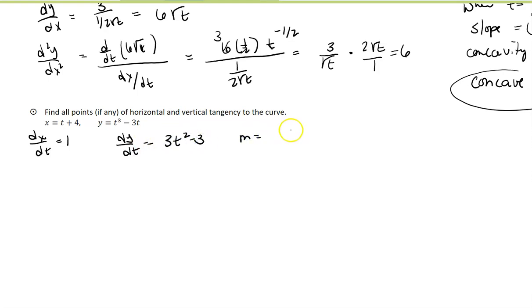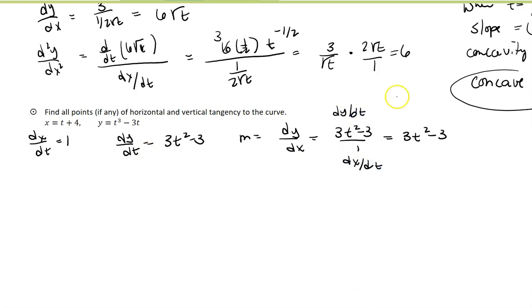And I know that m would be dy over dx, which would be 3t squared minus 3 over 1, or just 3t squared minus 3. Now, we know that this thing is undefined when dx over dt equals 0. And in this case, this thing is dy over dt divided by dx over dt.